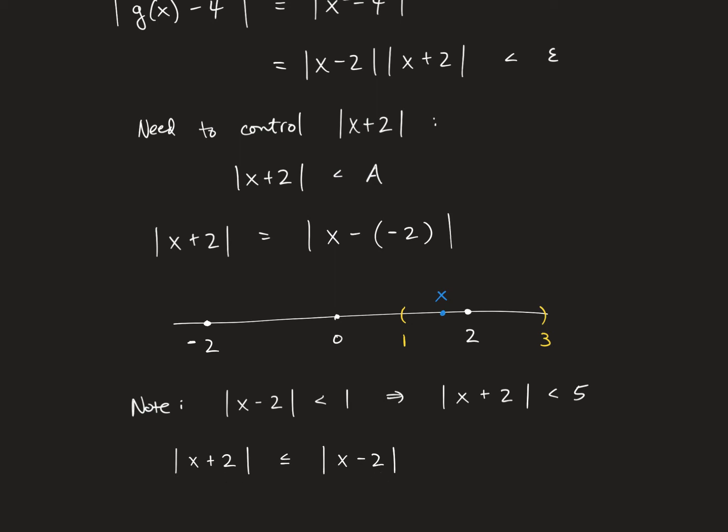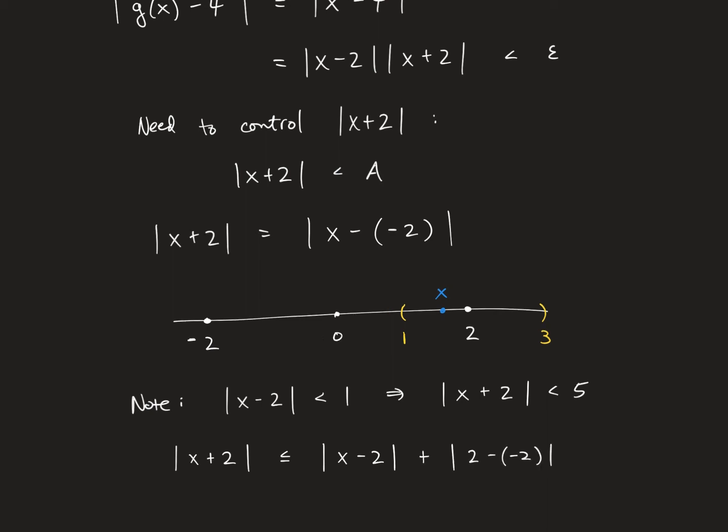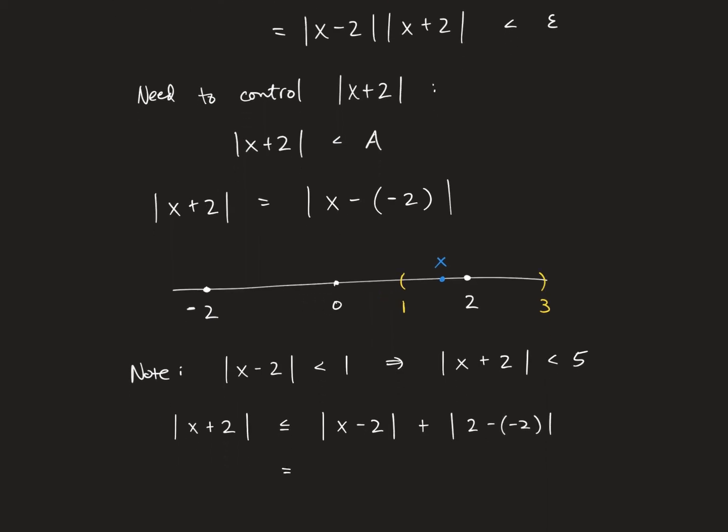So this is less than or equal to the distance from x to 2 plus the distance from 2 to negative 2. This is 4 plus the distance from x to 2, and we're assuming that the distance from x to 2 is less than 1. So this is less than 5.